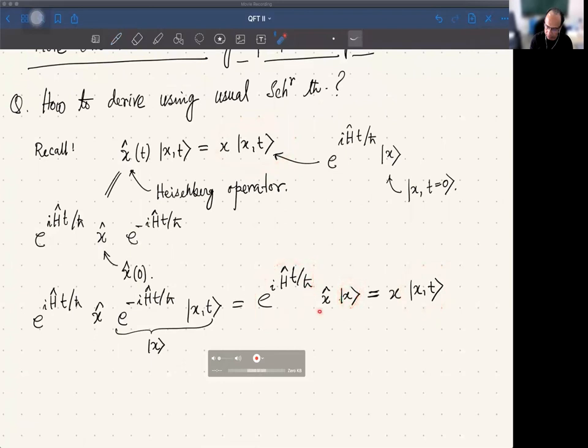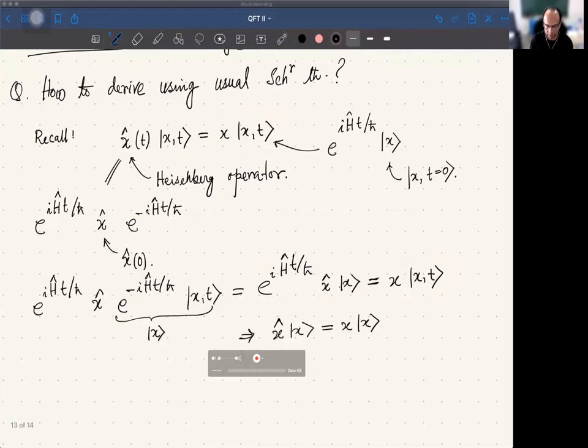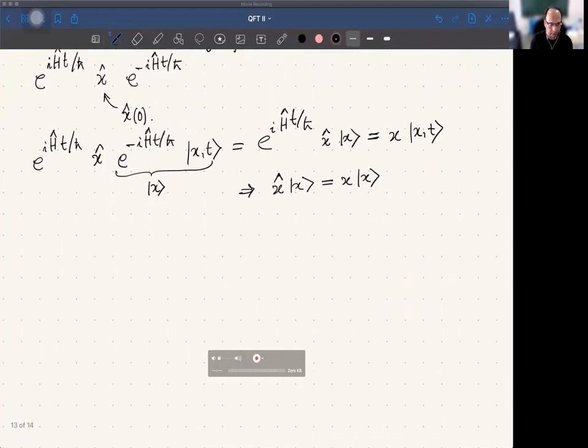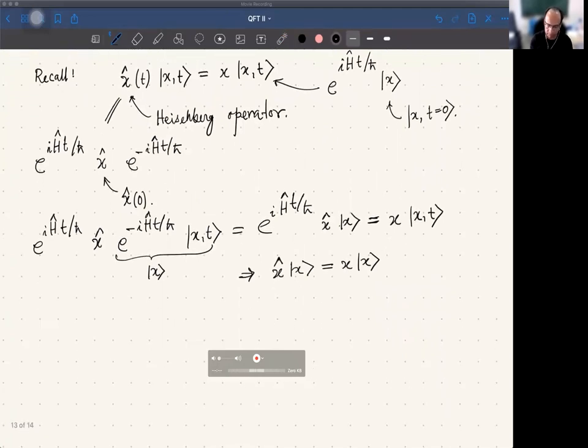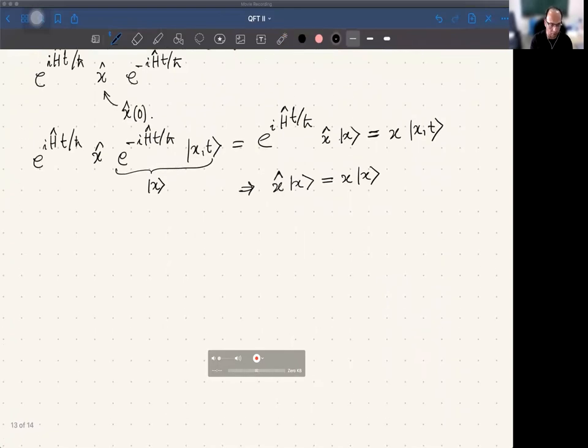Therefore we must have x hat acting on x equal to x. This is how you can do the manipulations.